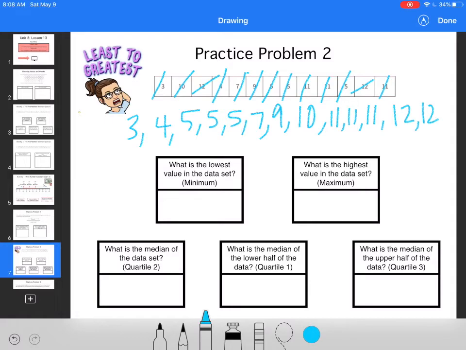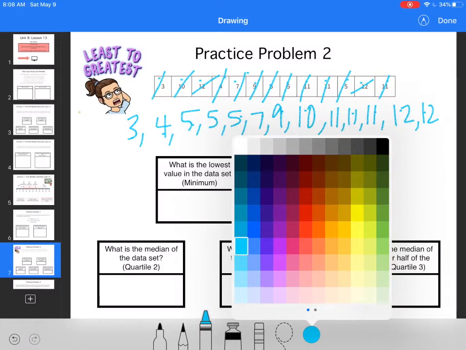I'm going to double check and make sure I have them all. 1, 2, 3, 4, 5, 6, 7, 8, 9, 10, 11, 12, 13. It's always important to make sure you've got them all first.